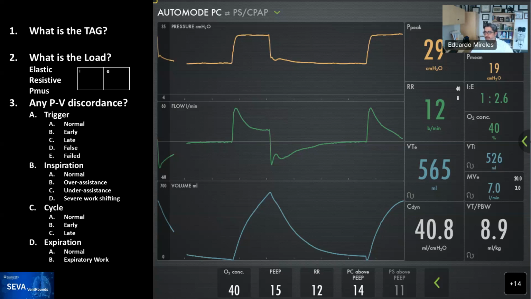Come on, fellows, have no fear. Tap into the chat. Or unmute your microphone if you want to ask something.